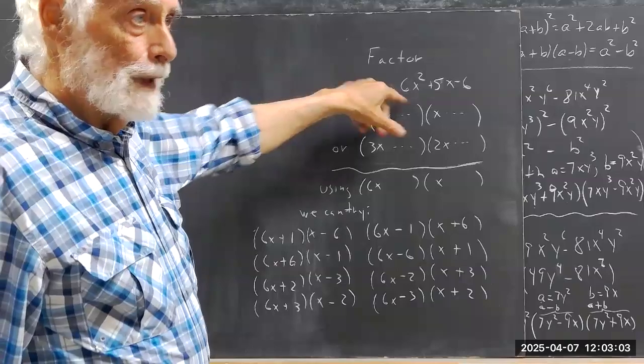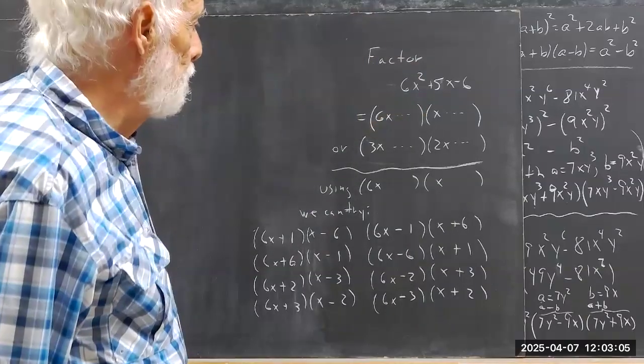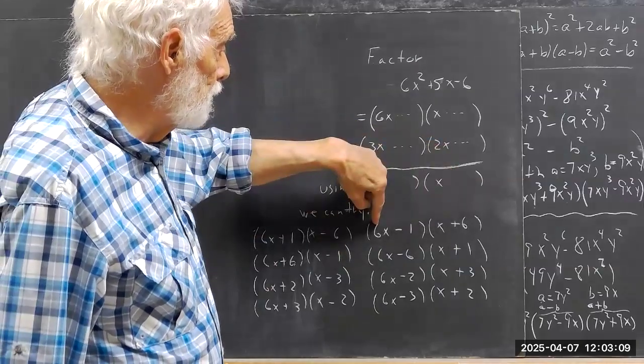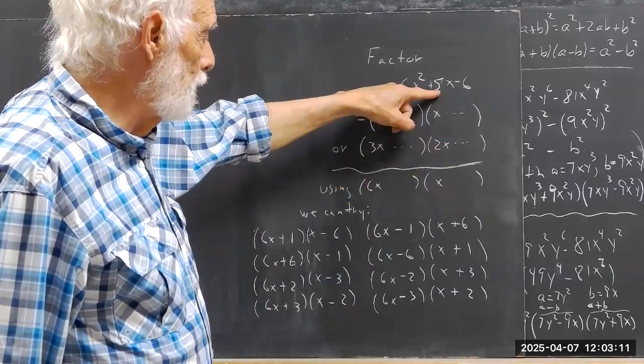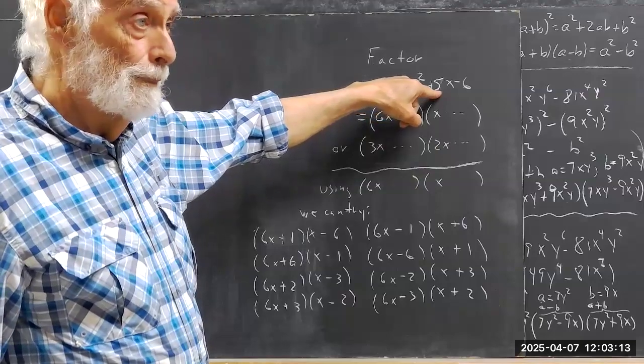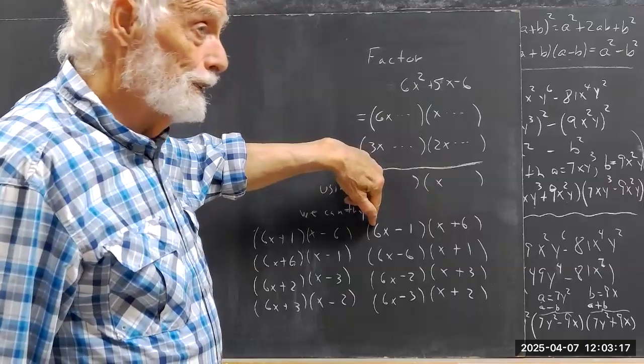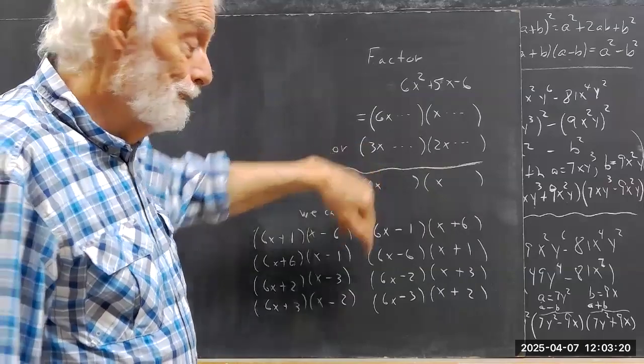Okay? And it's actually not that hard because we know that this times this and this times this, they better come out 5, right? But -1x and 36x isn't going to give us 5, right?